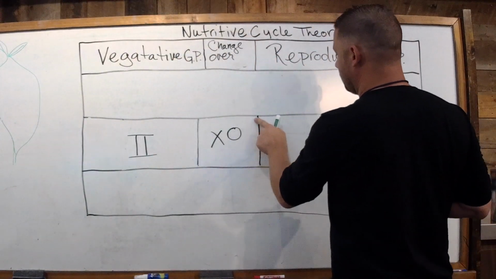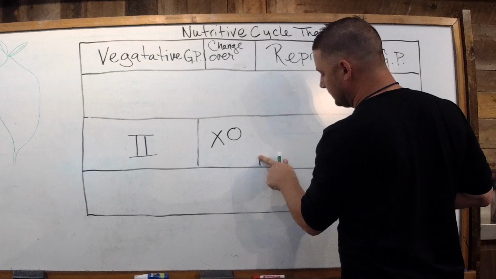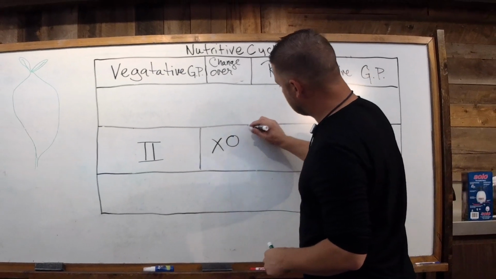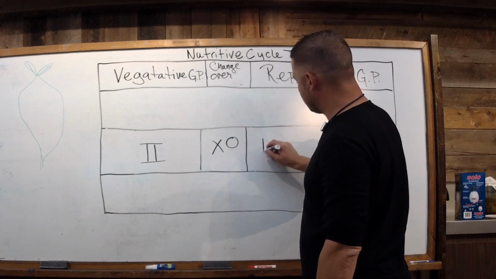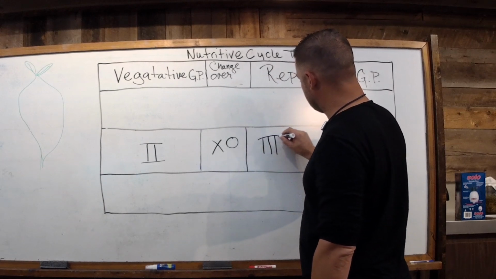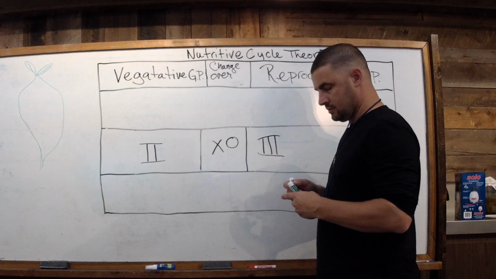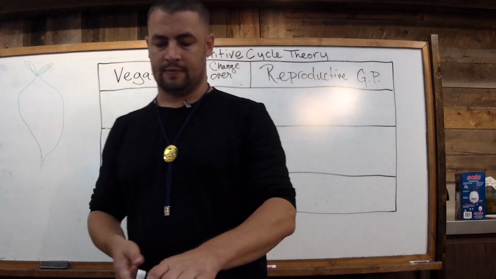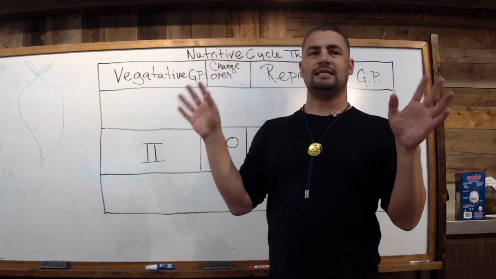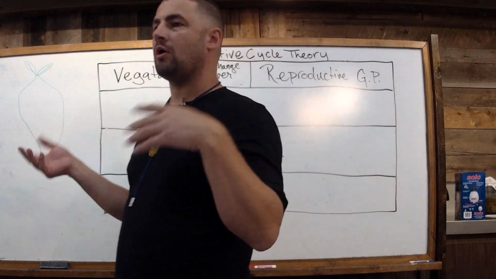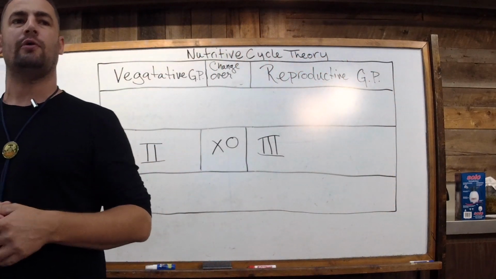Now, a little before reproductive growth, what am I doing? What do I feed them? Type 3. All right. So, this isn't weird, right? A lot of you that are farmers already know this stuff.